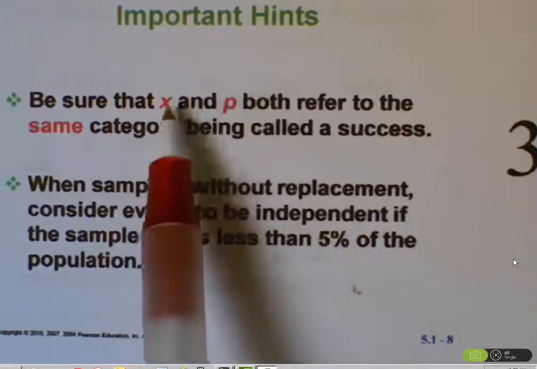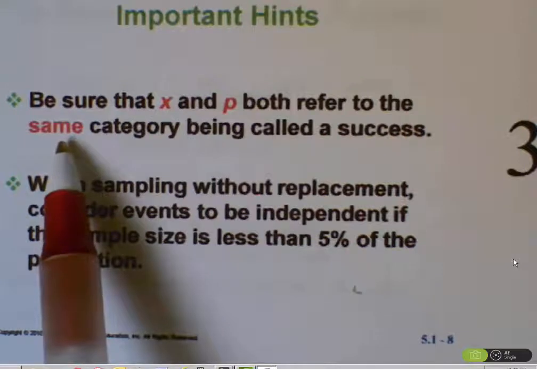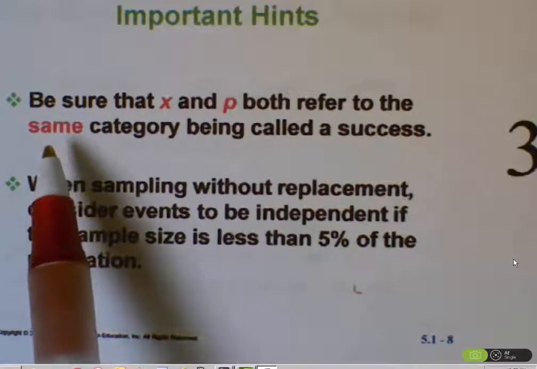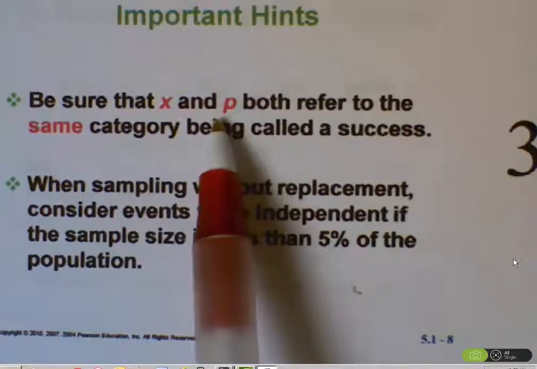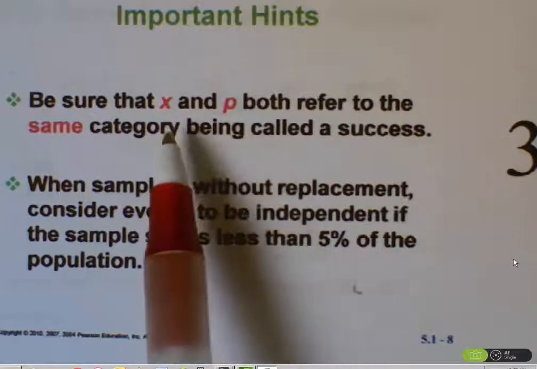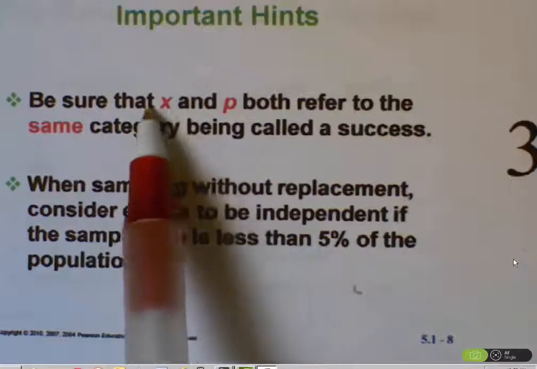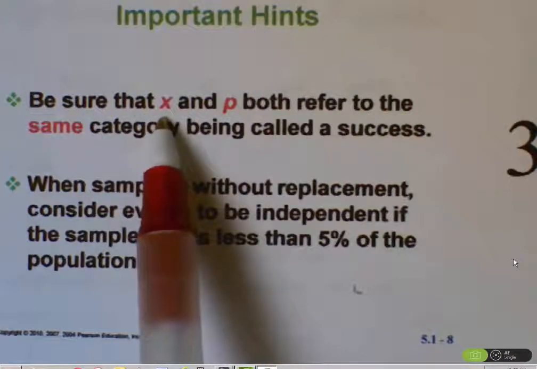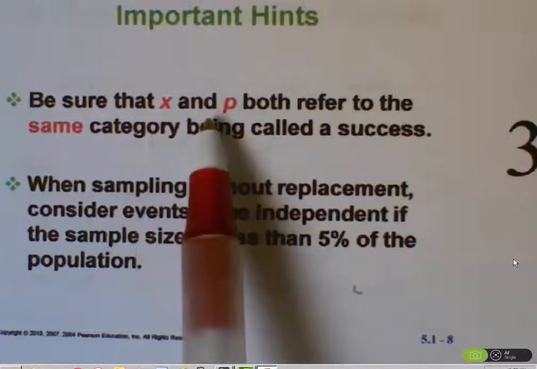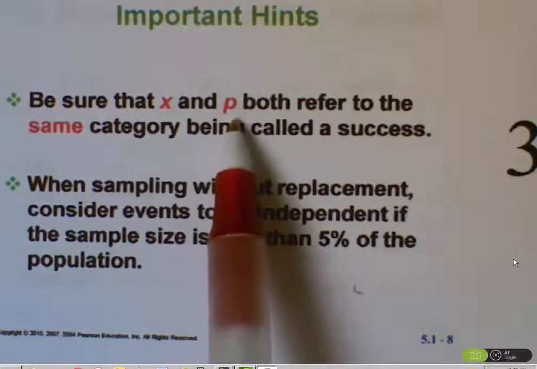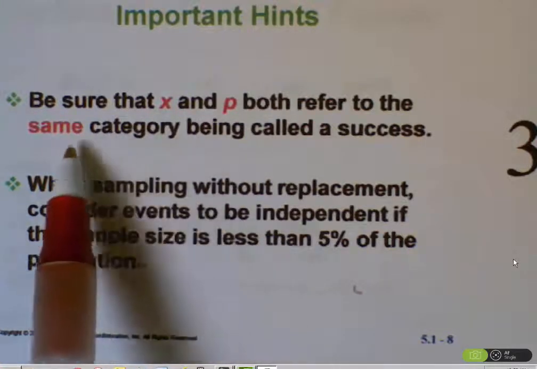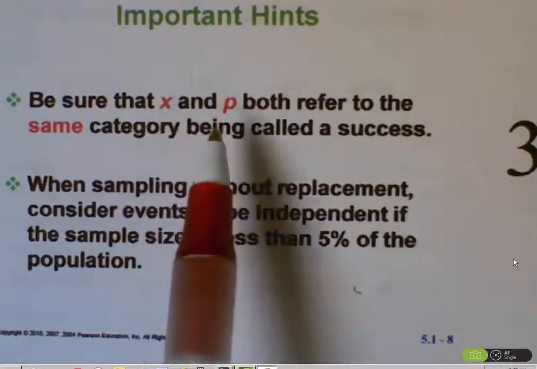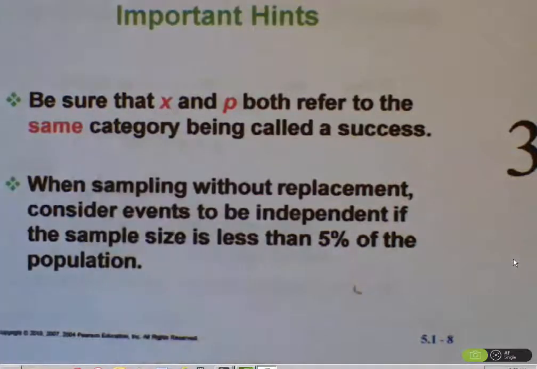If success is drawing a pink marble out of a bag, then P has to be the probability of drawing a pink marble out of the bag. Or if we're studying cancer patients and we say that X is the number of patients who have cancer, then P has to be the probability of drawing a patient with cancer. So make sure you clearly associate both X and P with whatever you've called success.